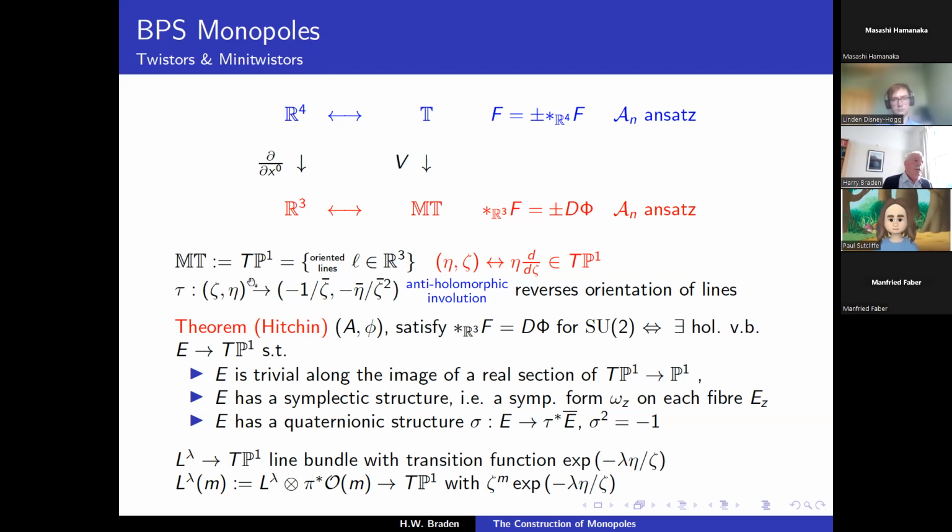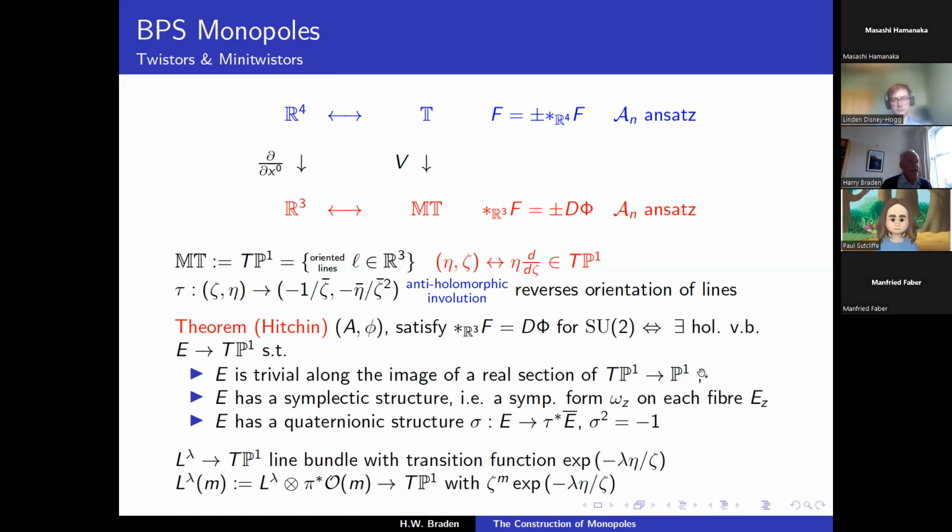So if we take the Ward correspondence for R4 and we reduce, we get a theorem of Hitchin from 1982 that solutions of the BPS equations are equivalent to solutions in terms of a vector bundle, a holomorphic vector bundle on TP1.